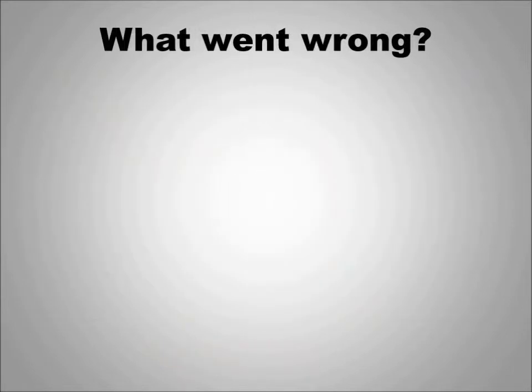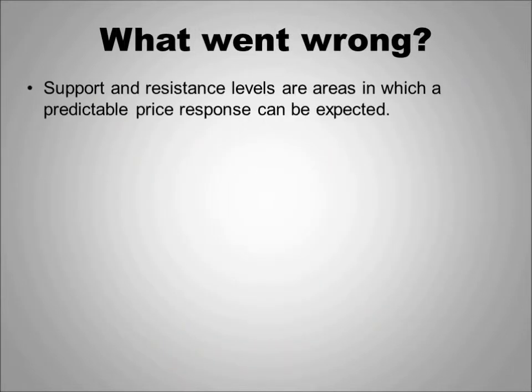So what did we do wrong? Well, here's what went wrong. Support and resistance levels are areas in which a predictable price response can be expected. So we didn't read our information properly.